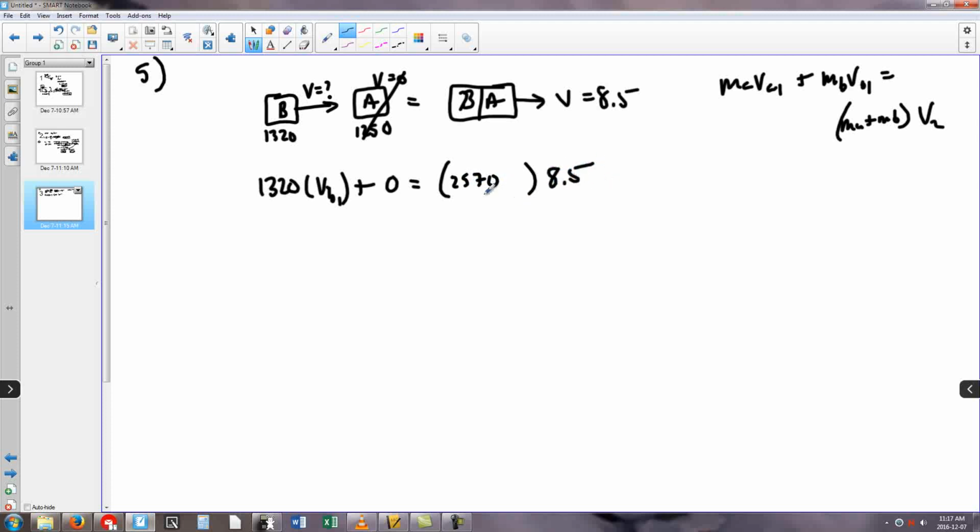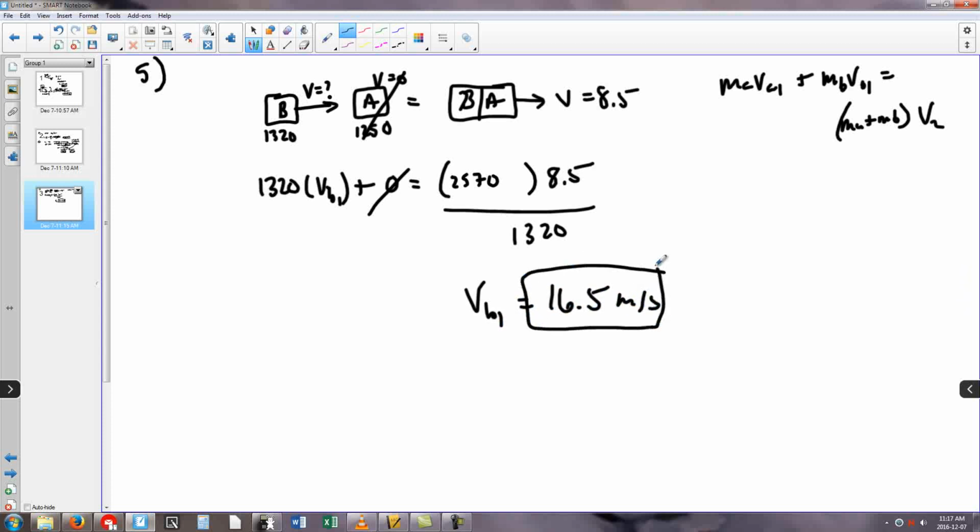And then all I have to do is take this value, because the 0 doesn't matter, and divide by 1320. VB1 comes out to be 16.5 meters per second. And then we can debate whether or not that was too fast before the collision on another time.